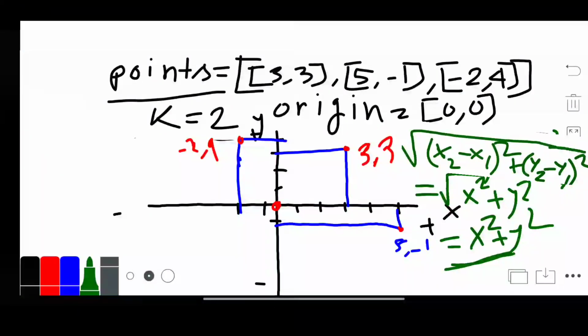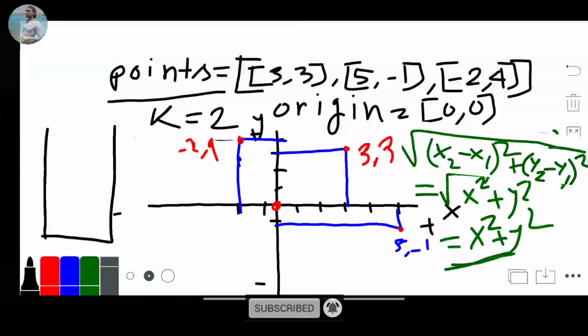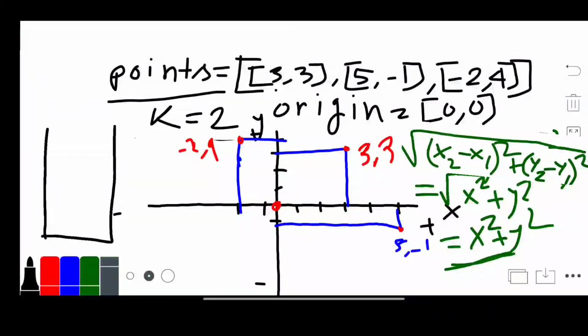So we will take a min heap. First we'll iterate over the points. First our point is (3, 3), and we calculate the distance. Our distance is 3 square plus 3 square, that is 9 plus 9, 18. Our distance is 18, and now we store the point also.